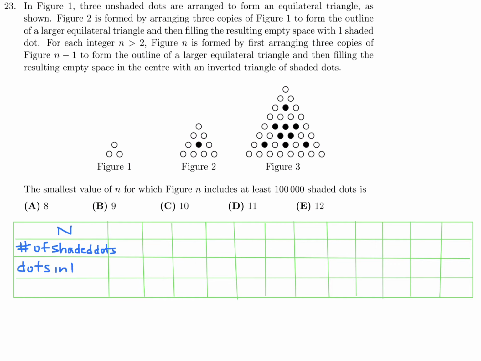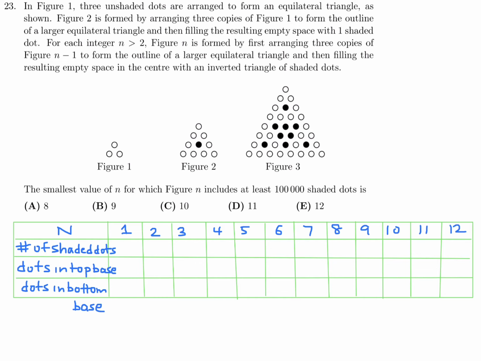Dots in top base. And then the dots in the bottom base. Okay, and then the answer choices go up to 12, so I'll go up to 12. Hopefully we'll get the answer sooner, but it doesn't really matter.